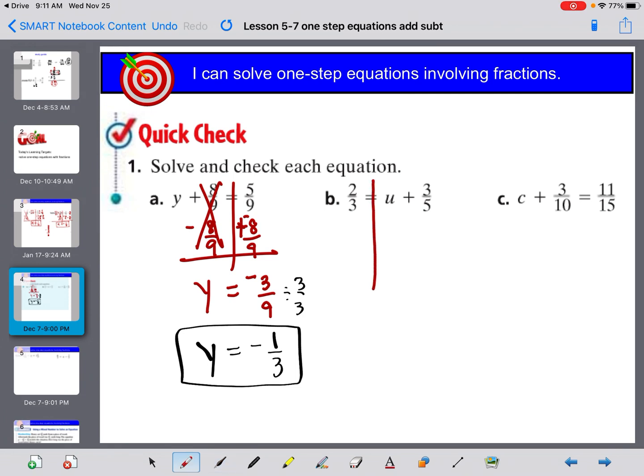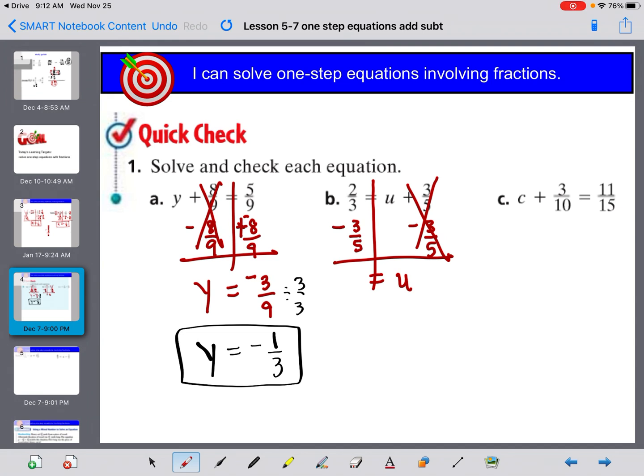The next problem, u plus 3/5. So I'm going to subtract 3/5 from both sides of the equation. I have u isolated by itself on the right-hand side. On the left, I'm trying to subtract two fractions, but they don't have a common denominator.